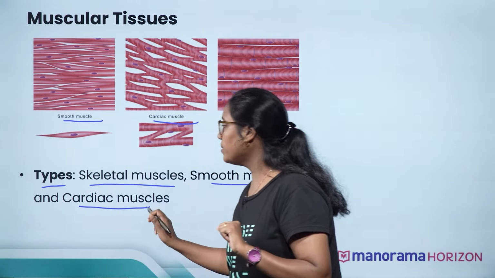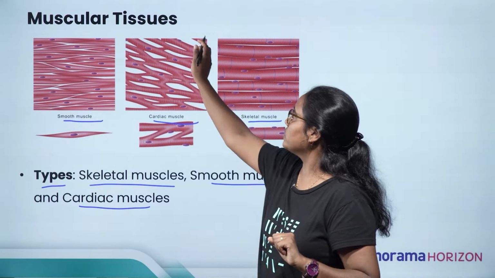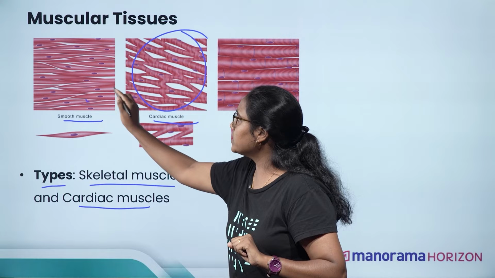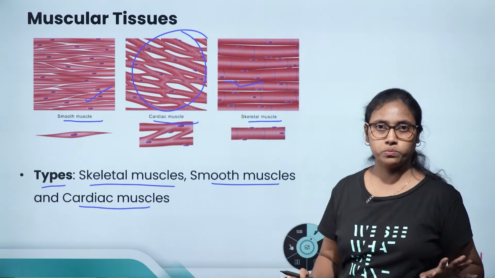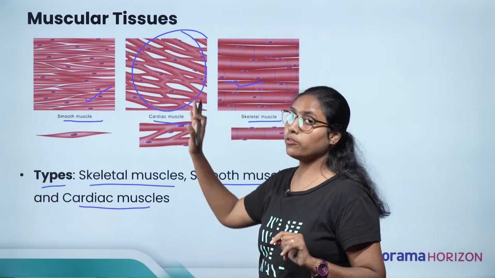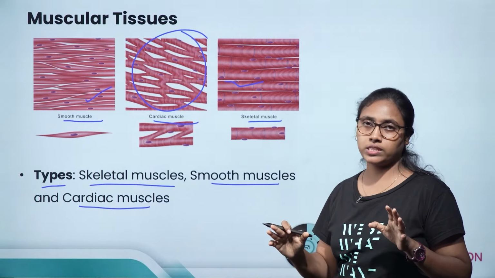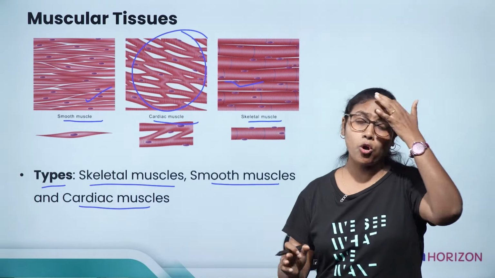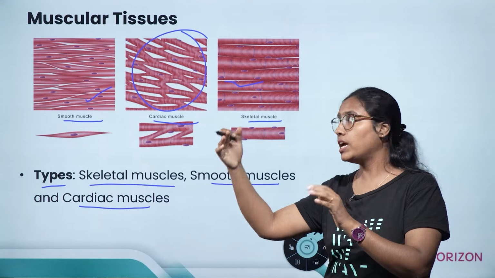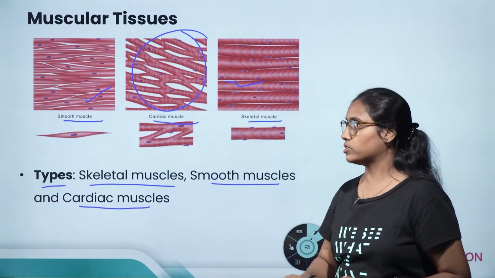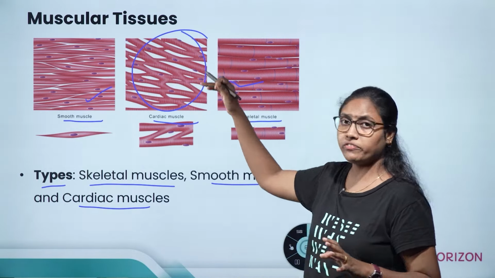Now coming to cardiac muscle, they are special branched muscle. You can see here, in these two muscles there is no branching, whereas in the third type of muscle you can see branches. So this muscle is a combination of smooth muscle as well as skeletal muscle.